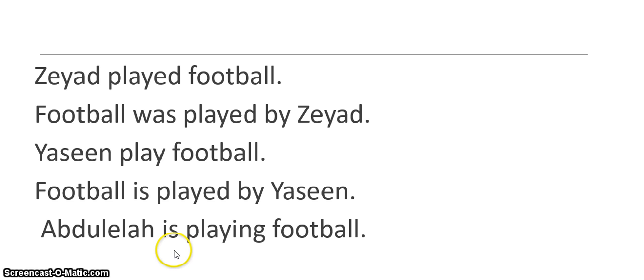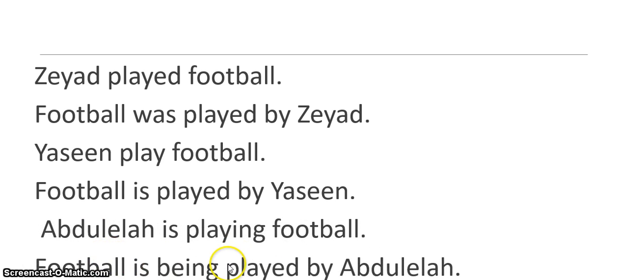Football is being, and then we will use the participle form of play, played. So football is being played, then preposition by, and then the subject, who is the doer of the action? Abdullah. So let's see the sentence. Football is being played by Abdullah.